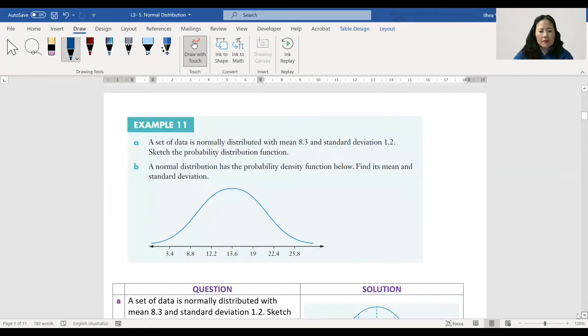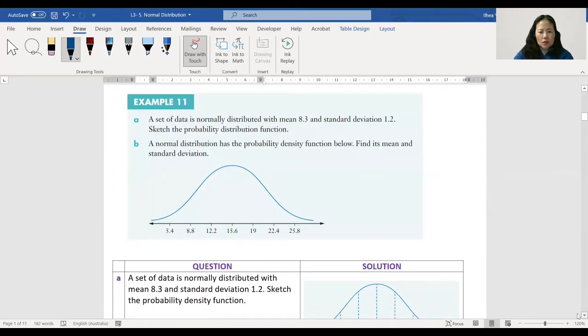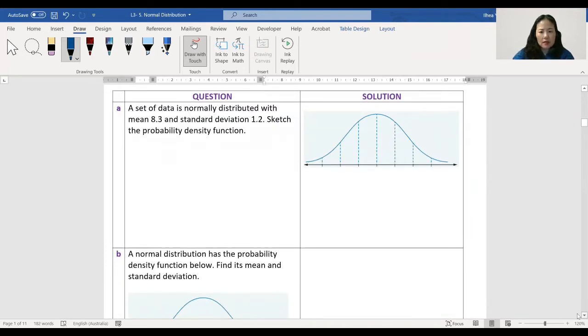Example 11. A set of data is normally distributed with a mean of 8.3. So our mu is 8.3 and the standard deviation sigma is 1.2. Now you need to sketch the probability distribution function. So where is the mean?